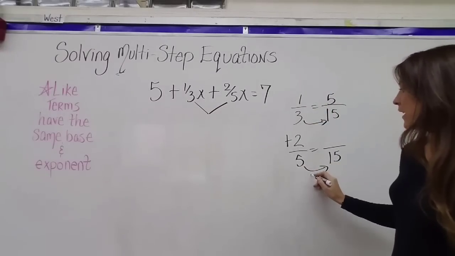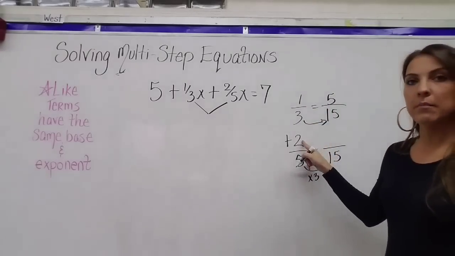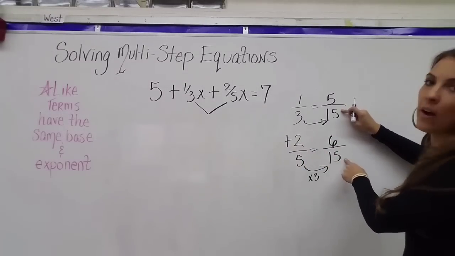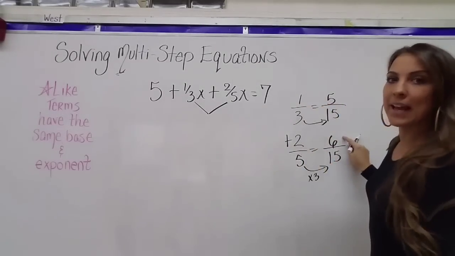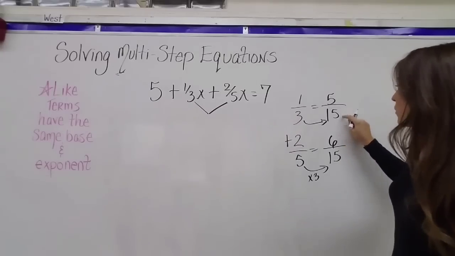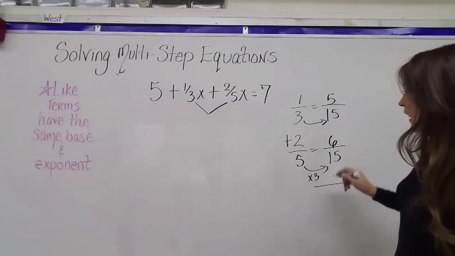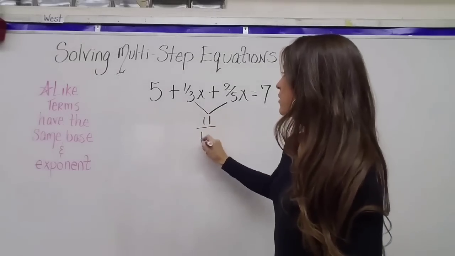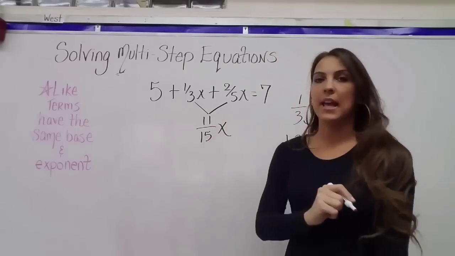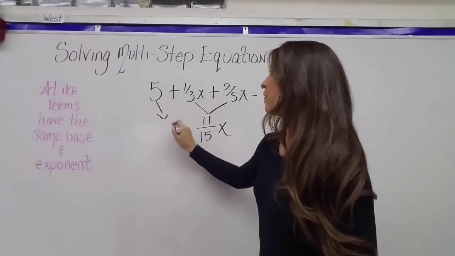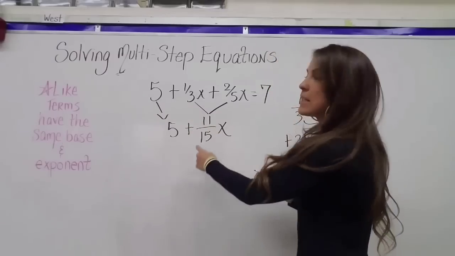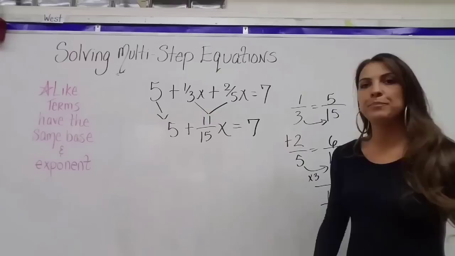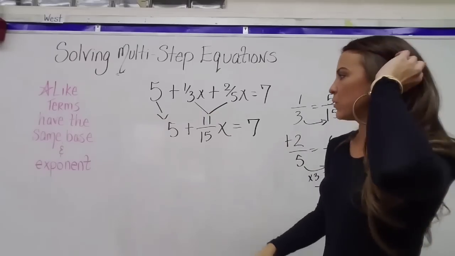To get from 5 to 15, I multiply by 3, so I'll do the same thing in the numerator. 2 times 3 is 6. So these two fractions are equivalent to these, but I can add now that I have the same denominator. So when I add these, I will get 11 over 15. So this simplifies to 11/15 x. I bring down my 5, I bring down my plus sign because it's a positive 11/15. I bring down my equal sign and my 7, and I continue as normal.